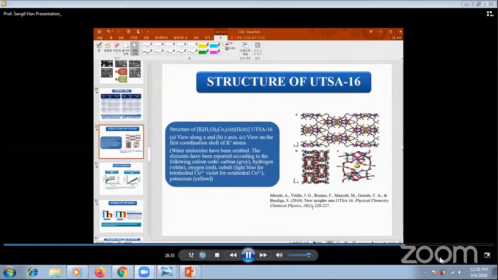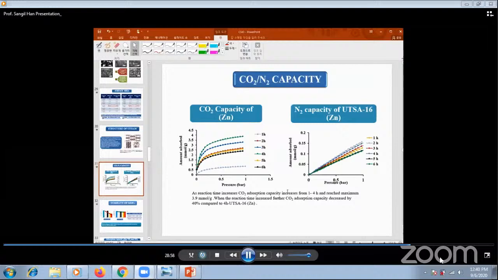But in our research, the first UTH-16 MOF was synthesized by the solvothermal reaction, and we developed the UTH-16 MOF using the microwave. Also, we produced UTH-16 zinc for the first time from our group.